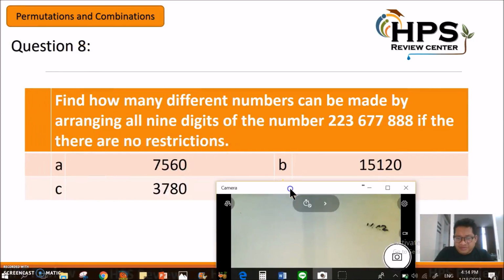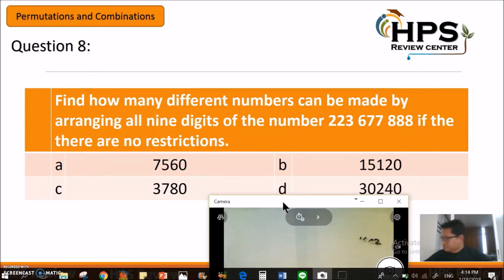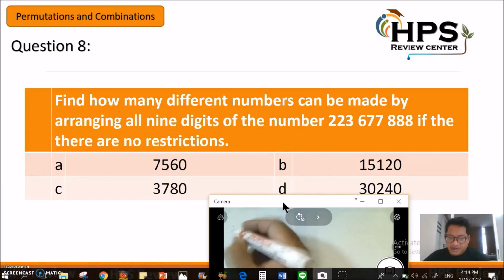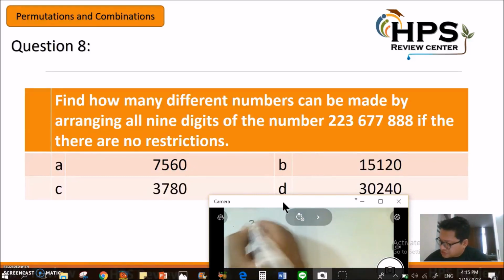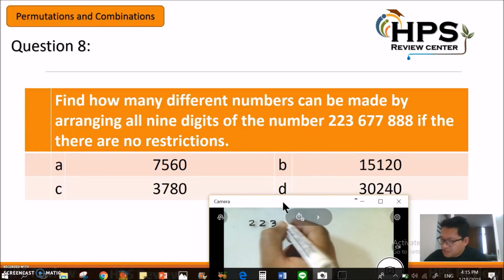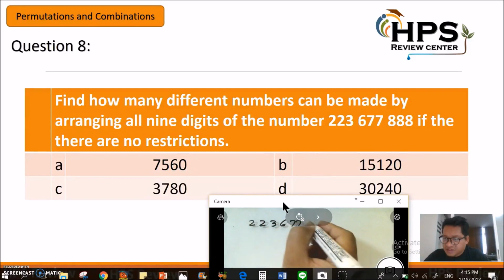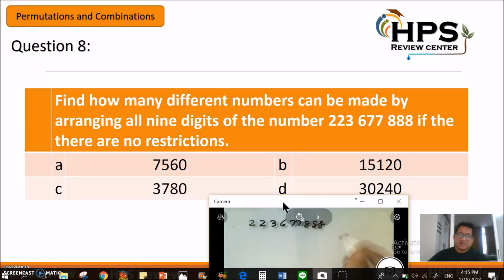I need my magic whiteboard here. So let me just start. Find how many numbers can be made. You have the digits 2, 2, 3, 6, 7, 7, and 8, 8, 8. No restrictions.